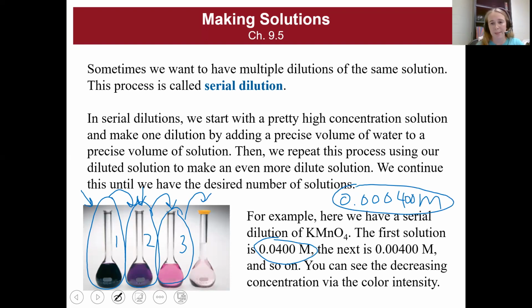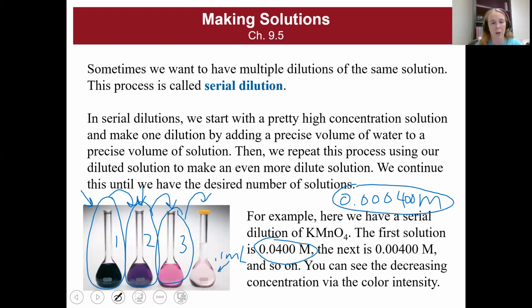And by the time we get to solution number 4, we added 10 mils from solution number 3, which only contained 1 mil from our original solution, technically. So when we did that, now we only have 0.1 milliliter from our original solution in this 4th dilution, in solution number 4.